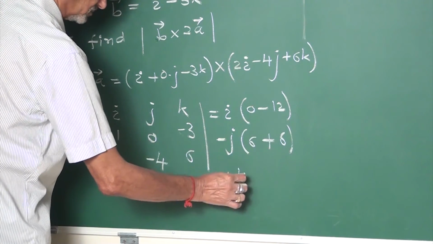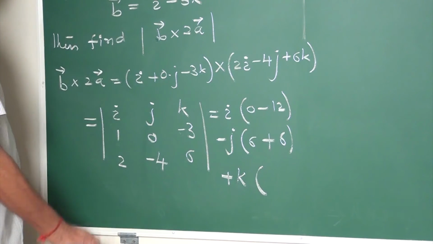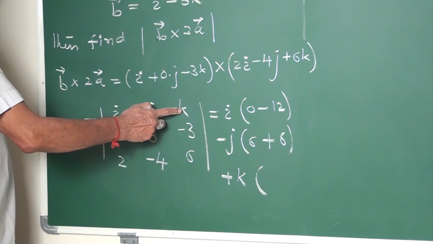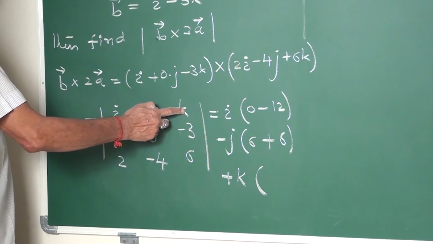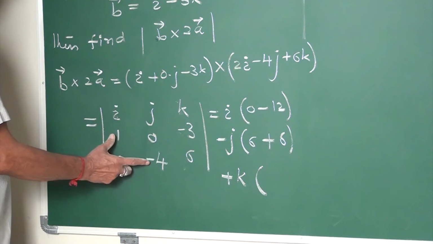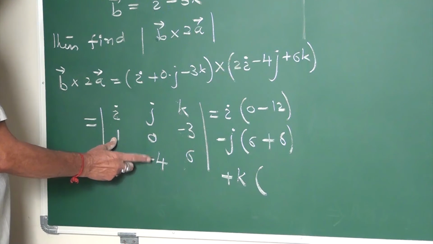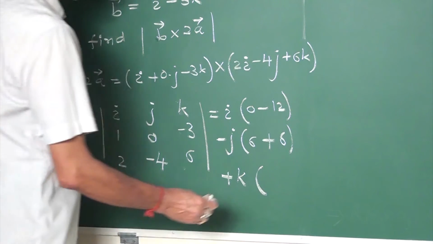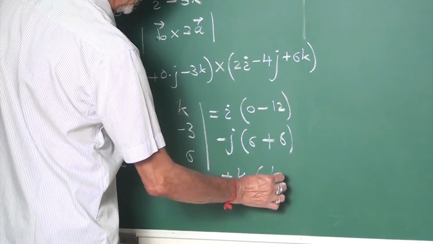Plus k into, leave the elements of the first row, third column: minus 4 minus 0, which is minus 4.